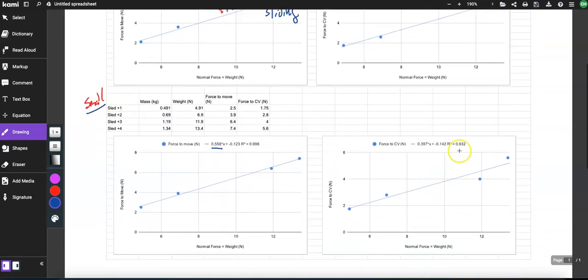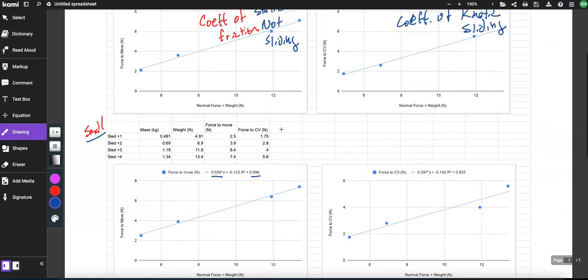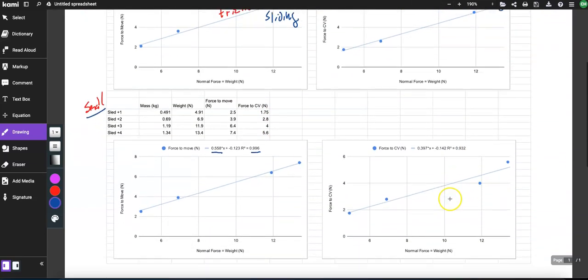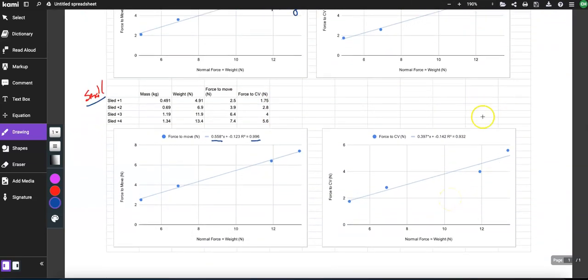This data probably isn't as good. The way I know data is good is by looking at these numbers. These numbers will tell us how good your data is, and we want it to be close to 99 or almost 1. So all these three are really good. This one I'm not sure might be as significant.